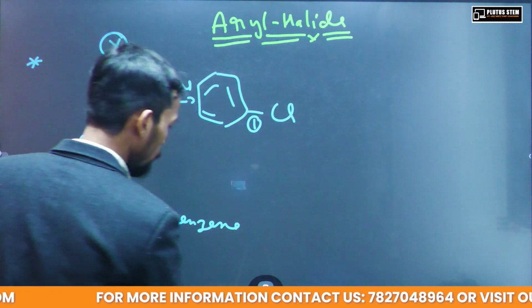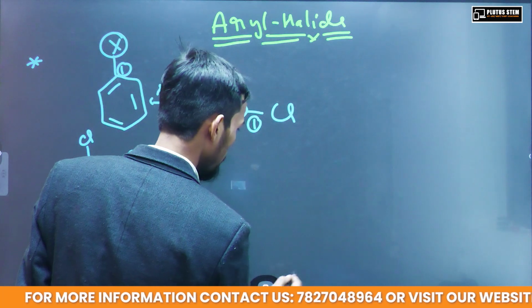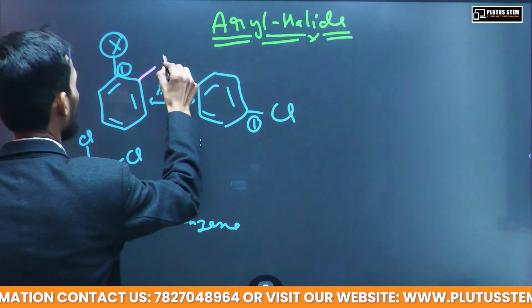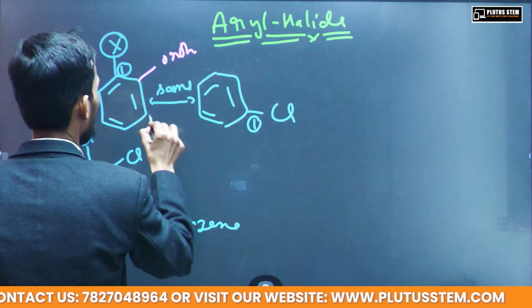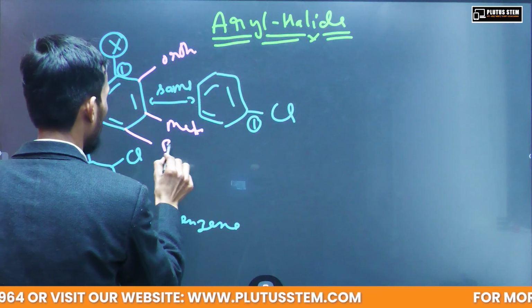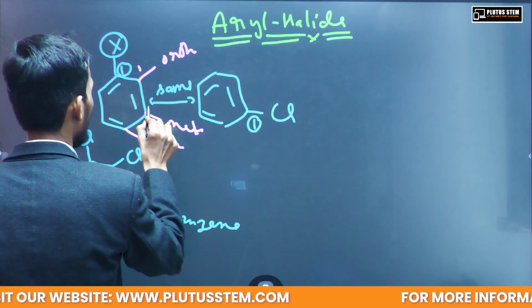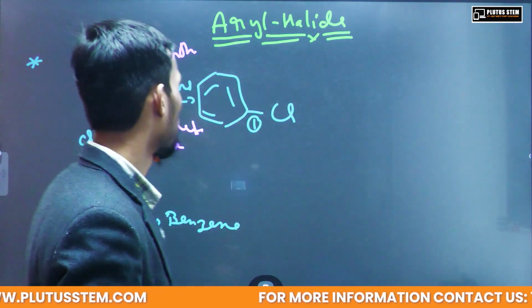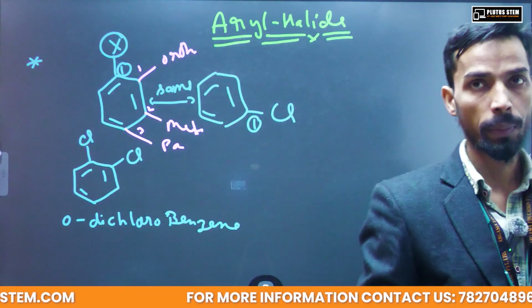This position is ortho. If you do not know, I will make you a quick revision of that also. This position is ortho, this position is meta, and this position is para. First position, second position, and third position. Clear? These are ortho, meta, and para.